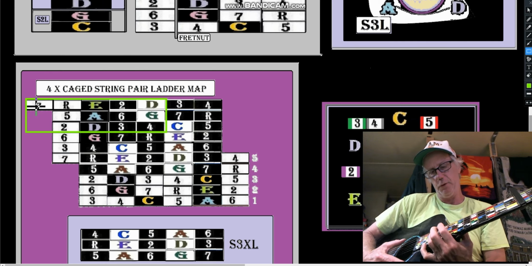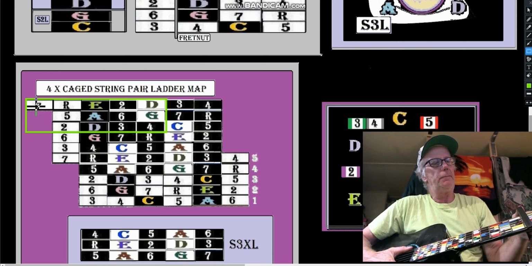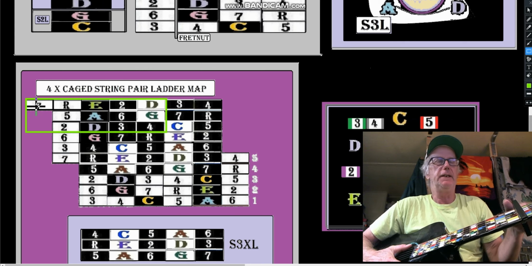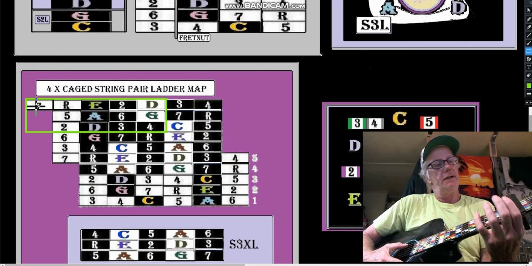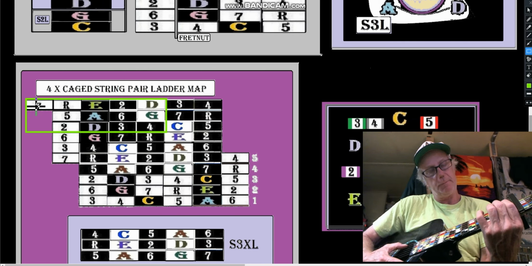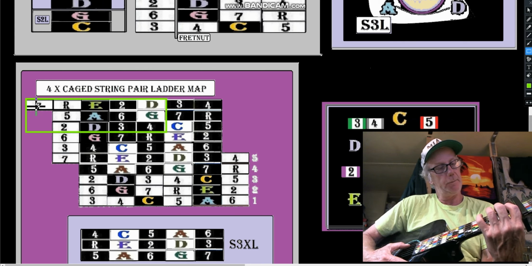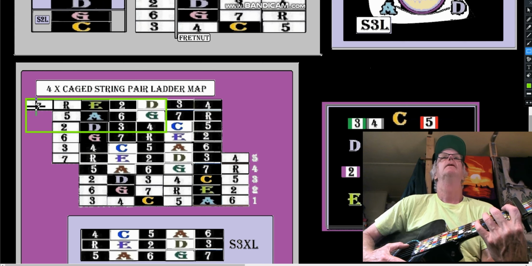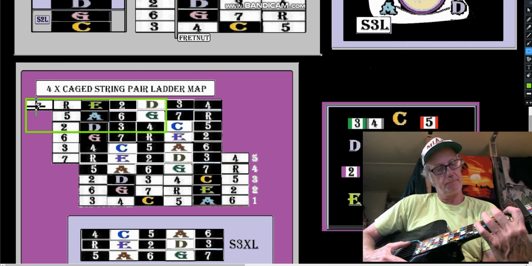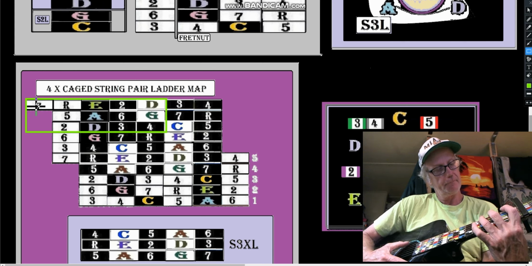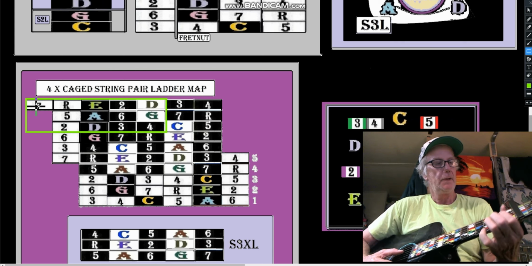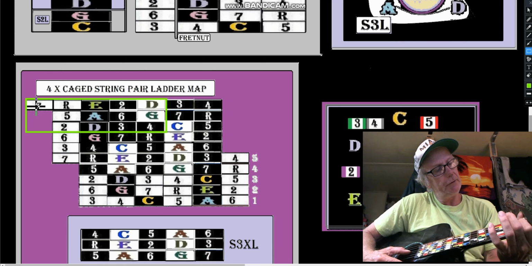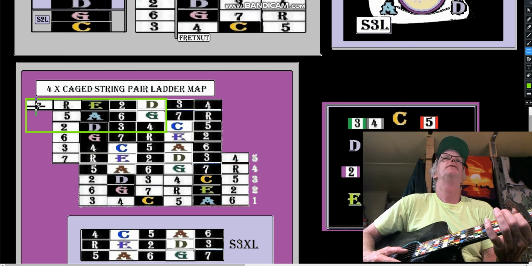See, it's moved over. So if we're going to play that, let's say in the key of E, if you started in F, what would it be? 2, 3, 4. So we've moved all the way over to that D. The 7th, D is the 7th.